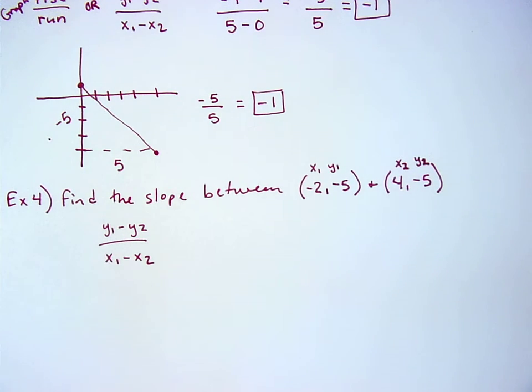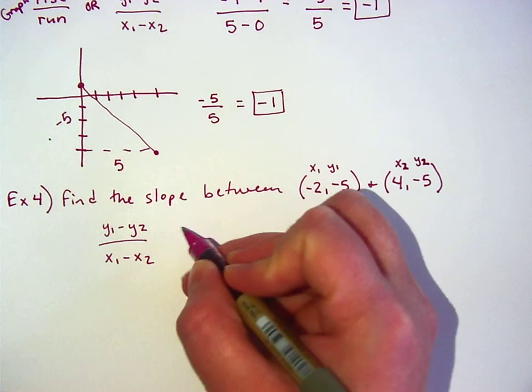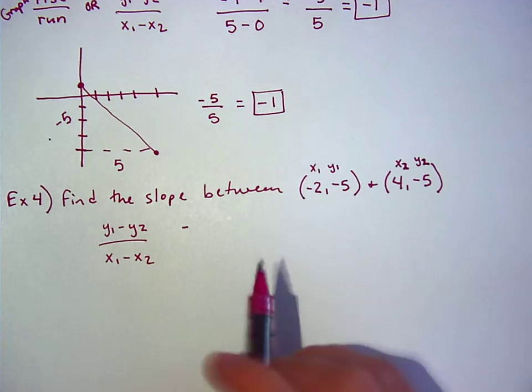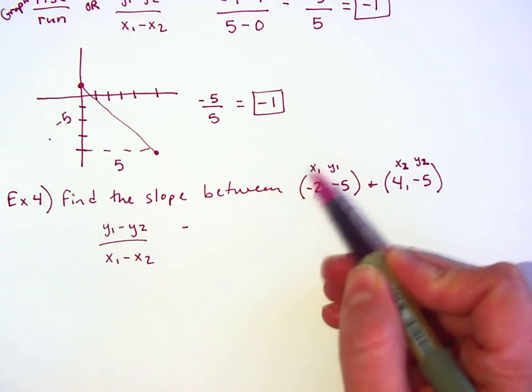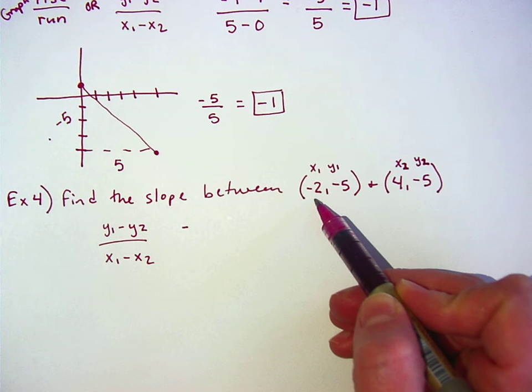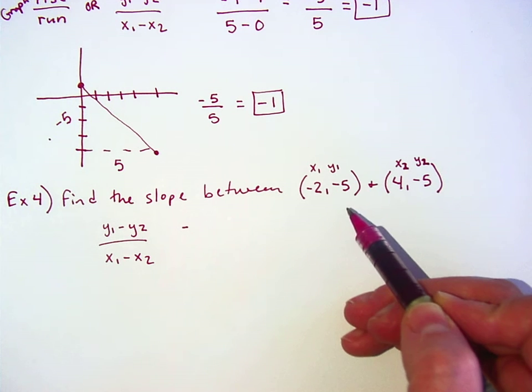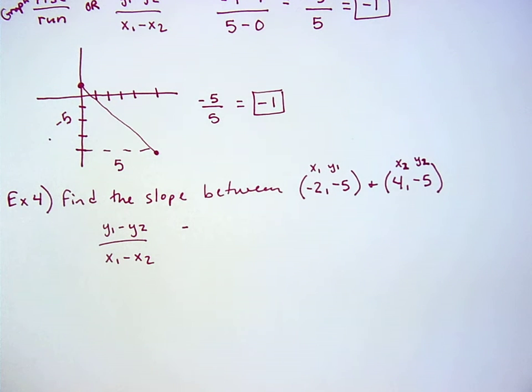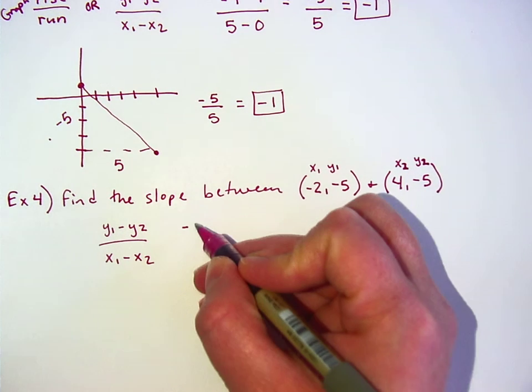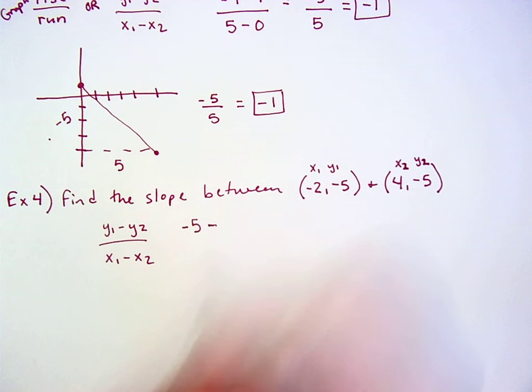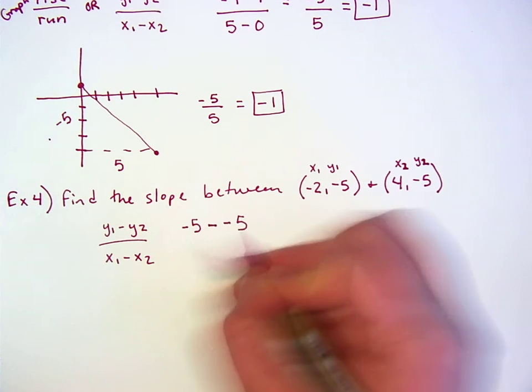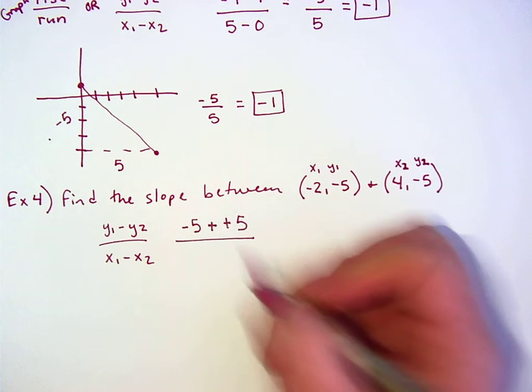Okay. So it's negative 2 minus 4. Okay, look again. Rewrite it on your paper that x1 is negative 2 and y1 is negative 5. And on the top has to be the y's. Oh, okay. So it's negative 5 minus negative 5. So you do that dash dash and you slash slash, right? Yeah, we're going to slash slash.